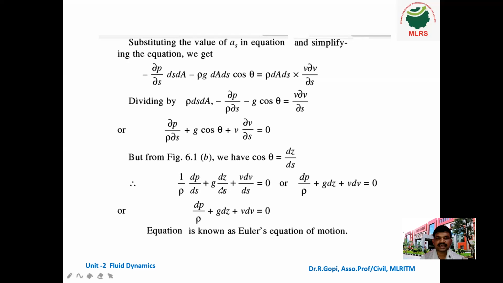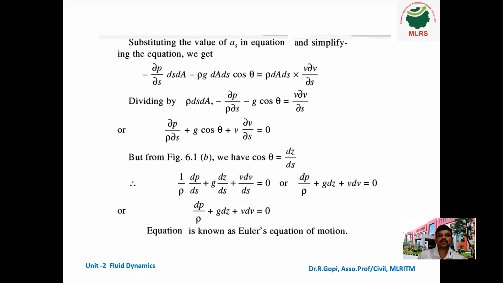This ds gets cancelled because it is the common term, and the other side is 0 because 0 is already there. So this is the final equation: dou P divided by rho plus G into dz plus V into dV equal to 0. This equation is called Euler's equation of motion.